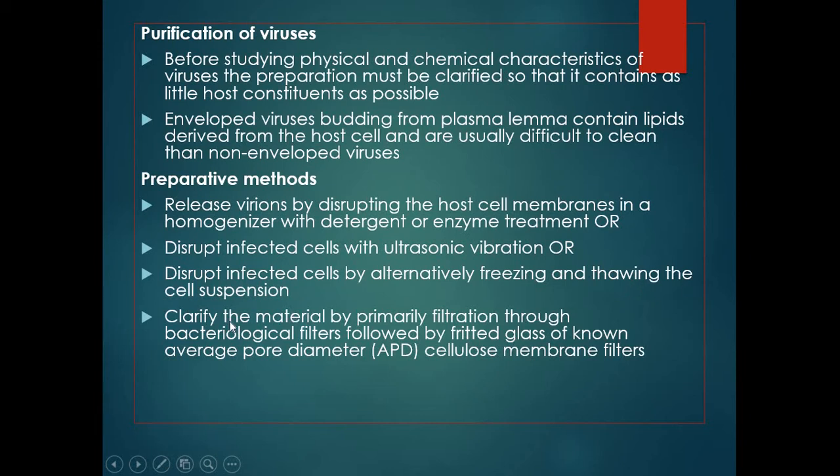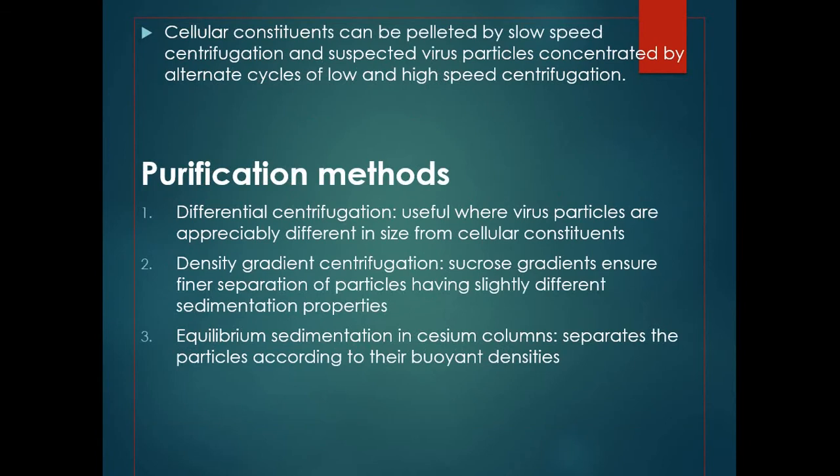Clarify the material by primary filtration through a bacteriological filter, followed by treated glass or cellulose membrane filters of non-average pore diameter that can be used. Here cellular constituents can be pelleted by slow speed centrifugation, and suspended virus particles concentrated by alternating cycles of low and high speed centrifugation.